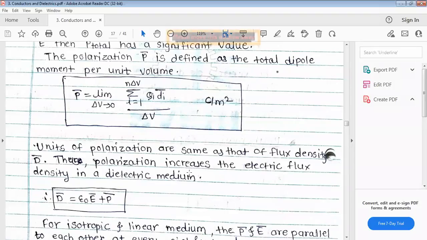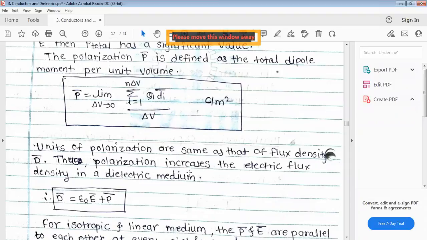Electric field intensity is measured in volts per meter or Newton per coulomb. Remember, electric flux density D bar is Q upon 4 pi r square, so the unit is coulomb per meter square.